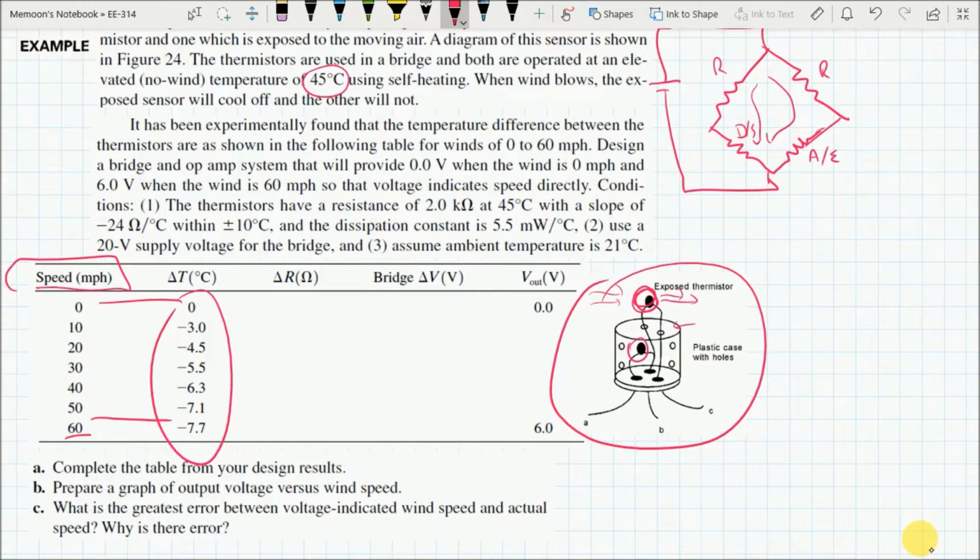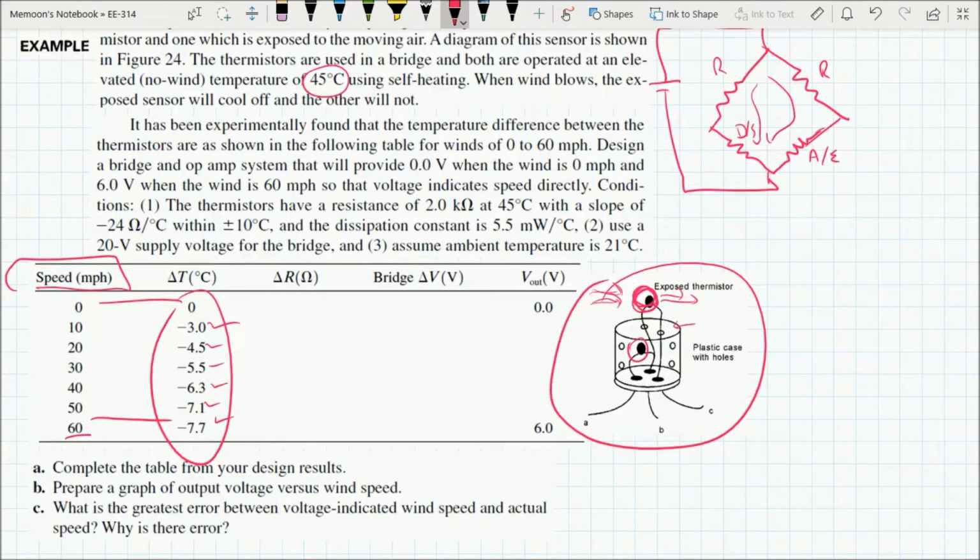Then some wind started to blow across this exposed thermistor, and this thermistor that was self-heated at 45 degrees dissipated some heat into the environment and was cooled down by these measured temperature readings for different speeds of wind.